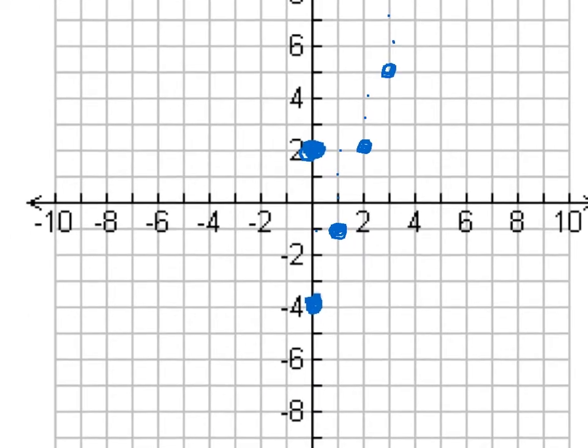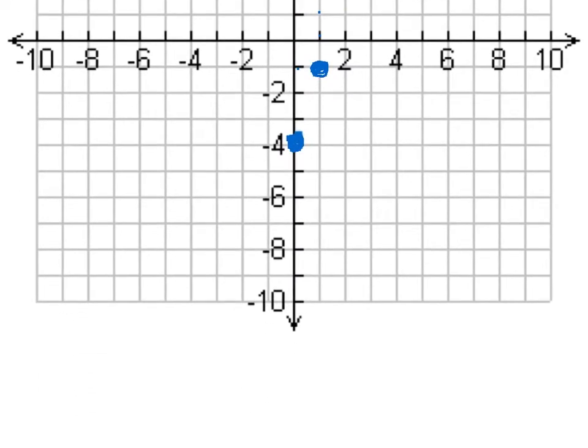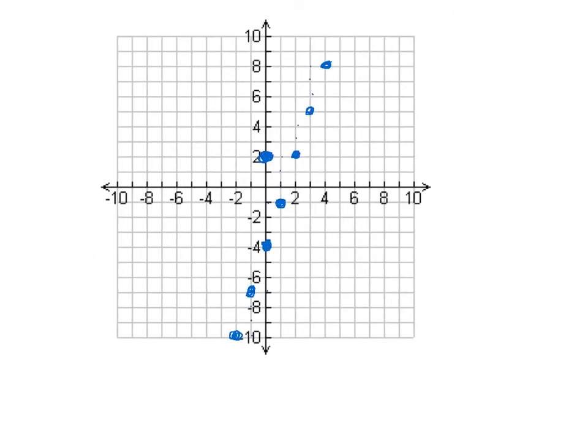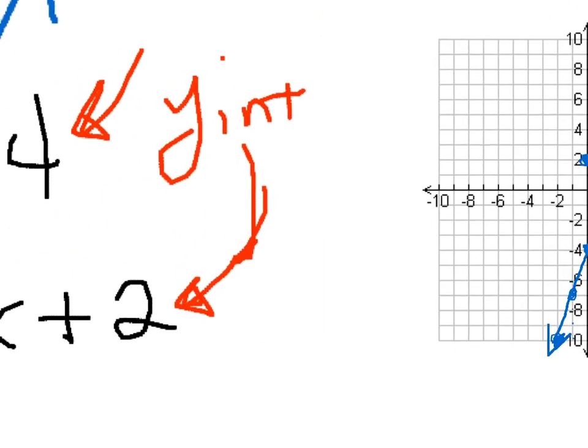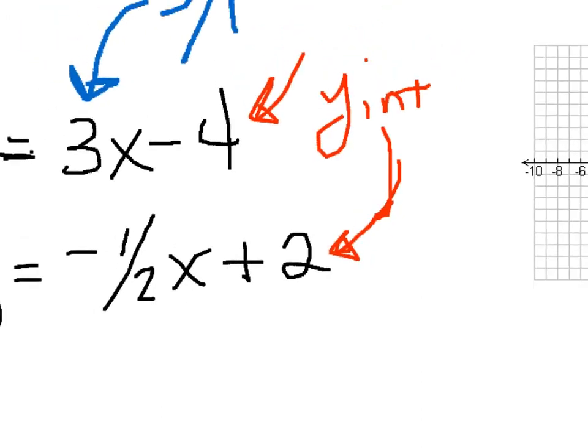Or backwards, instead of going up and right, I can go down 3 to the left 1, and that will give me a line for the first equation.